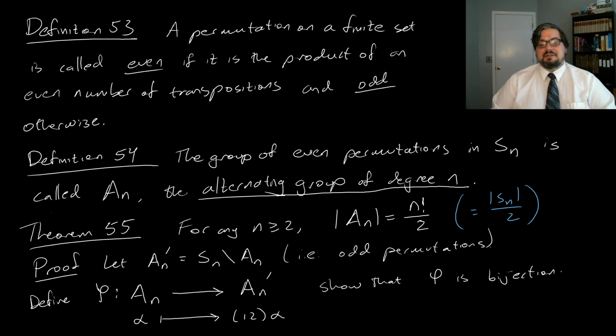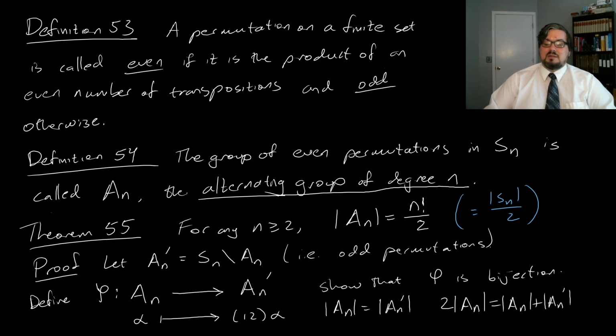Which means that the cardinality of An and the cardinality of An prime are equal as sets. And therefore, that means that 2 times the order of An is the cardinality of An plus the cardinality of An prime, which is the cardinality of Sn, which is n factorial, because these two sets make up all of the elements of Sn.